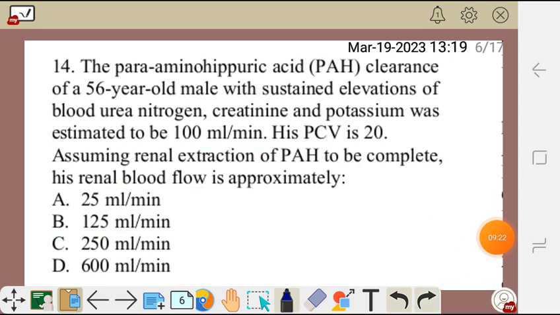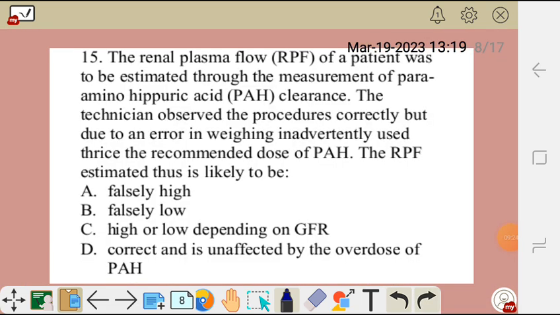Okay, now let's move on to question 15. Question 15 reads, the renal plasma flow of a patient was to be estimated through the measurement of para-aminohippuric acid clearance. The technician observed the procedures correctly, but due to an error in weighing, inadvertently used thrice the recommended dose of PAH.